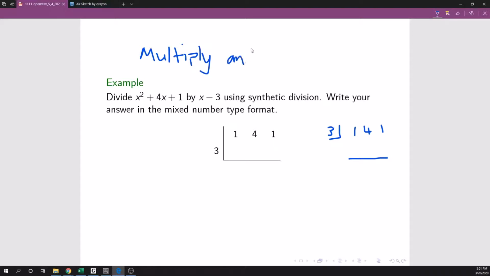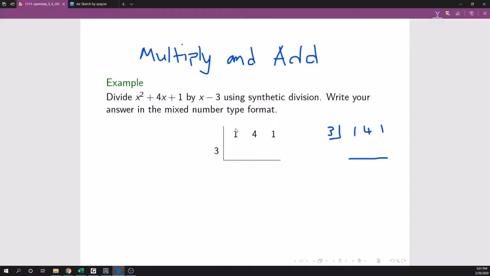So in my mind, I think multiply and add. Those are the two things that you are going to do. Multiply and add, multiply and add, multiply and add, okay?